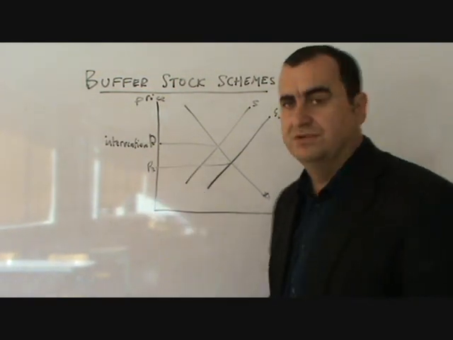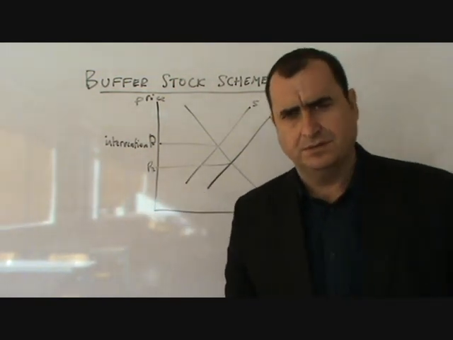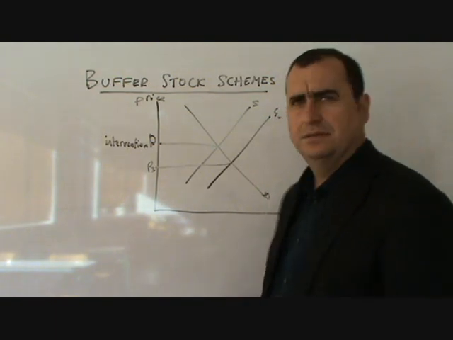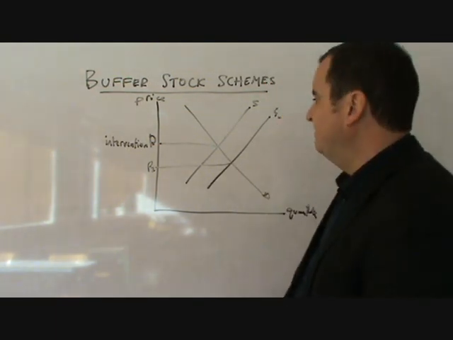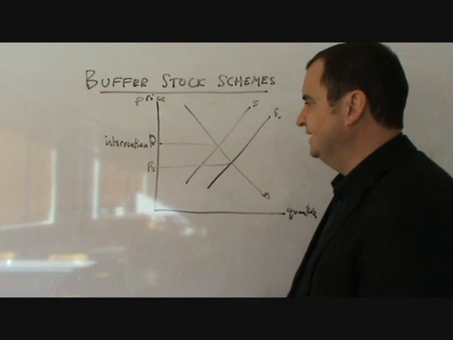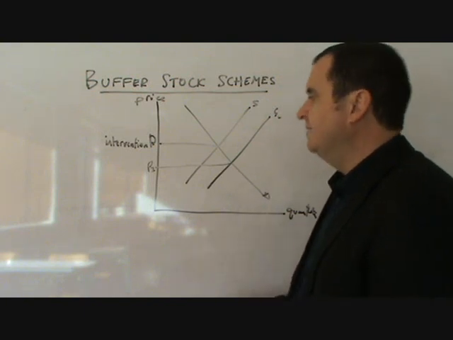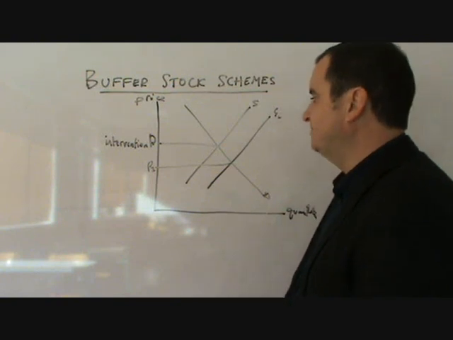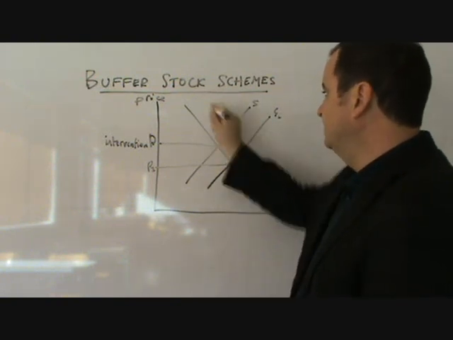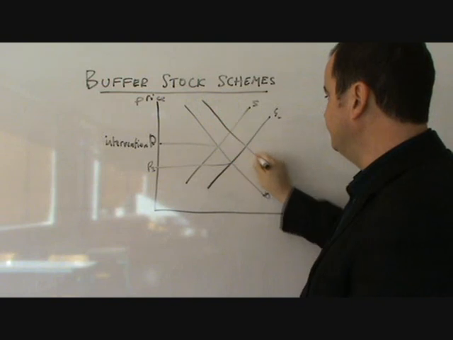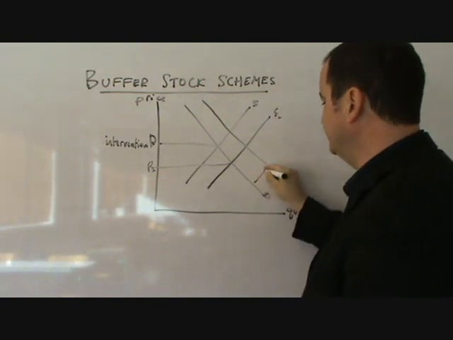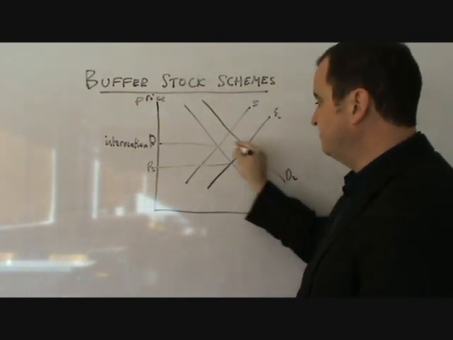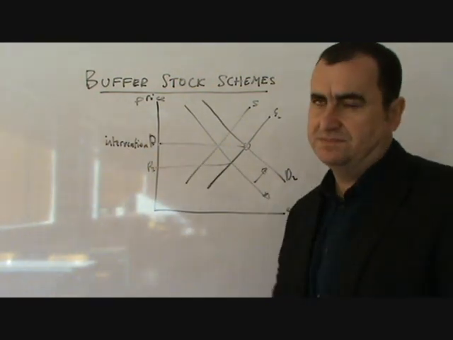Now, that would normally ruin the cocoa bean suppliers. But if the buffer stock agency is willing to step into the market because the price has fallen below the intervention price and boost the price by buying, they may be able to lift the demand to D2. That's the intervention buying, driving the price back up to the intervention price.